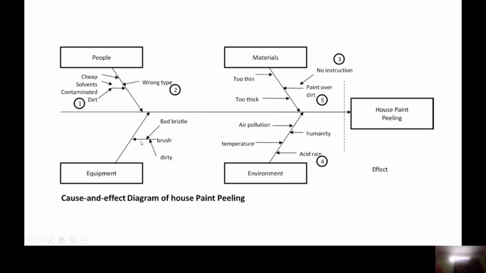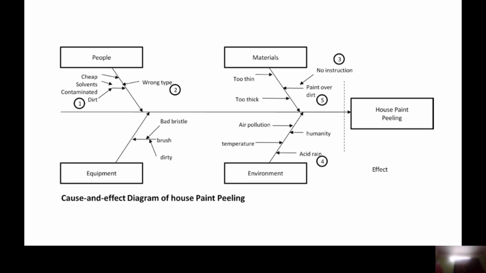So only 3M they are using, and environment. In this case, environment is very important. In house paint peeling, environment comes into the picture, but in many products, it will not. So whenever you are drawing the cause and effect diagram, first you remember this 5M and 1E should be there in the mind. From an examination point of view, all of them will not come into the picture. Out of the 6, these are all major causes.